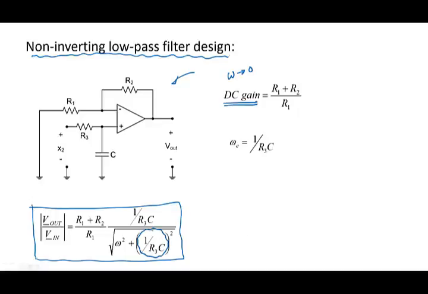So we want to set the corner frequency of this circuit to be about 10 times the damped natural frequency that we measured earlier. And we want a DC gain that corresponds to the desired sensitivity over the measured sensitivity. So the sensitivity we have without the filter.